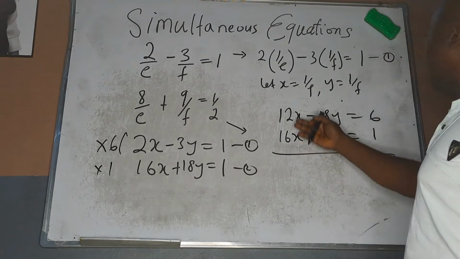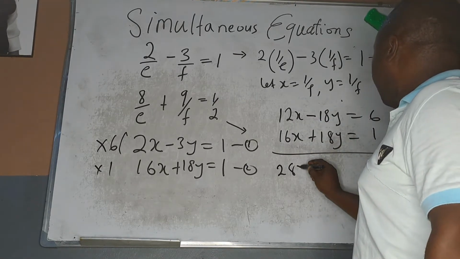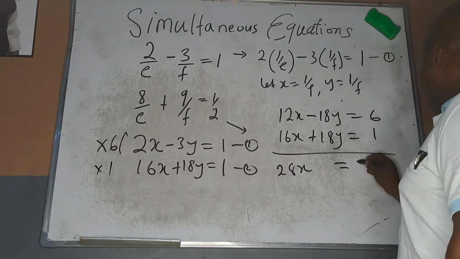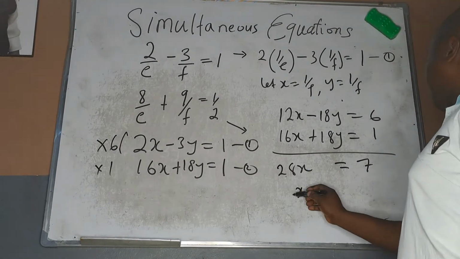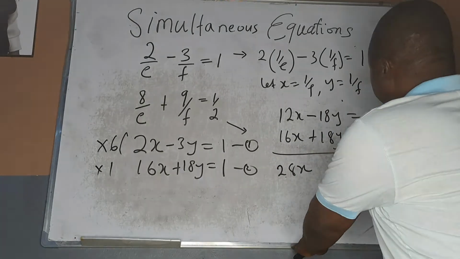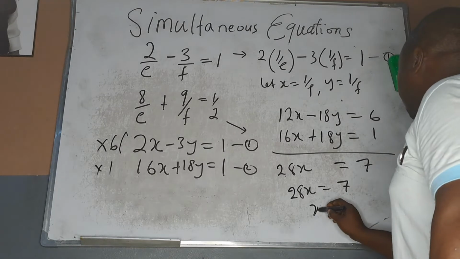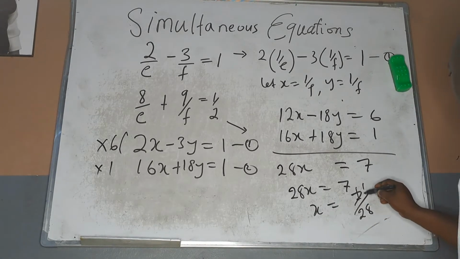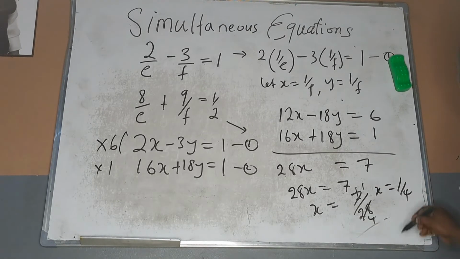Then I add: 12 plus 16 is 28x, minus 18y plus 18y is 0, equals 7. So 28x equals 7. So x equals 7 over 28. 7 goes into 7 once, and 7 goes into 28 four times. So x equals 1 over 4.